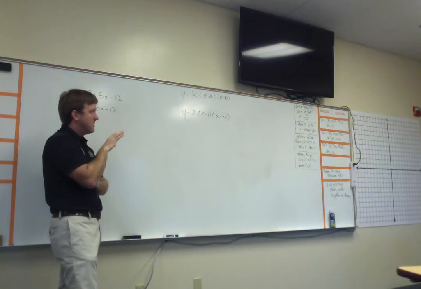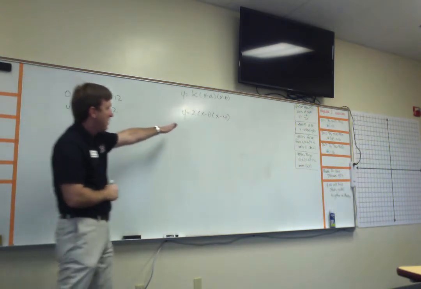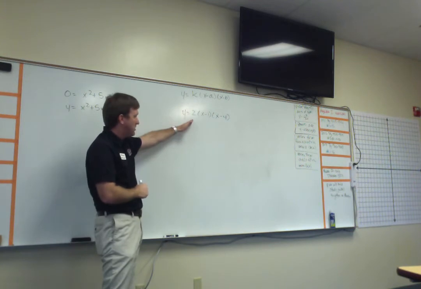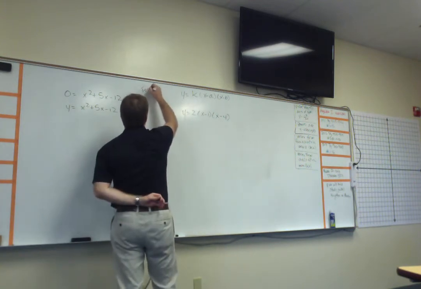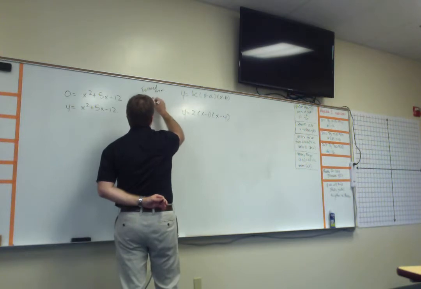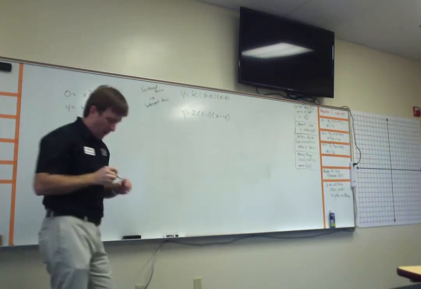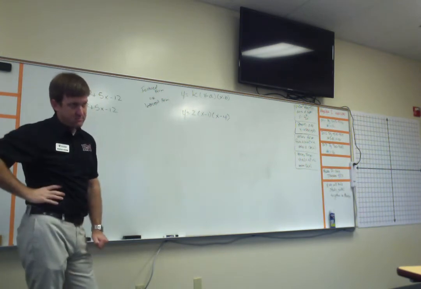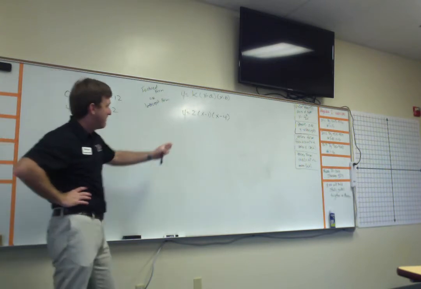So AJ, in this form, factored form, also called intercept form, where is y? Not a trick question. I know, it's right there. Right here, right? Okay.